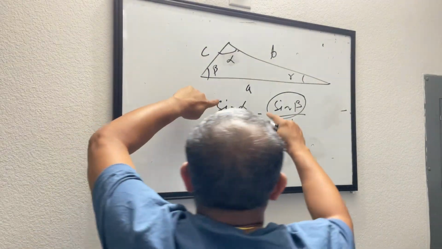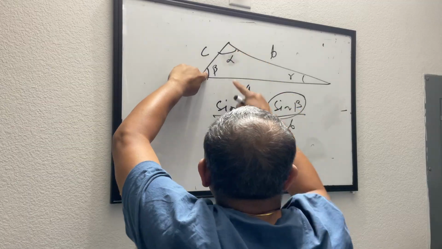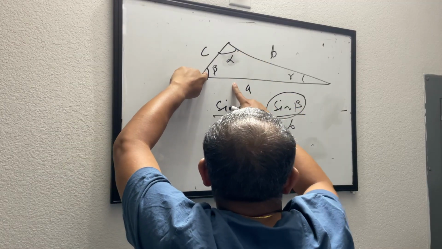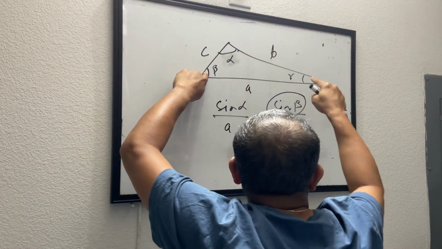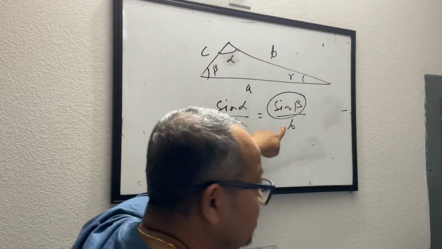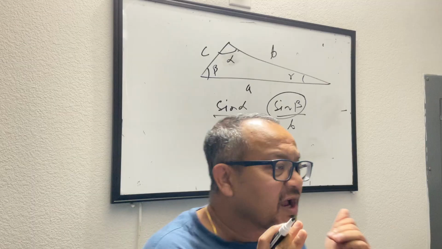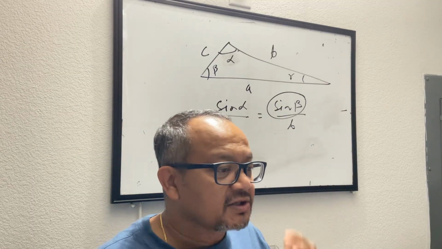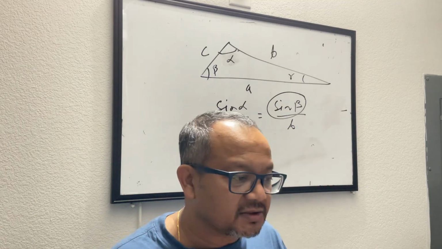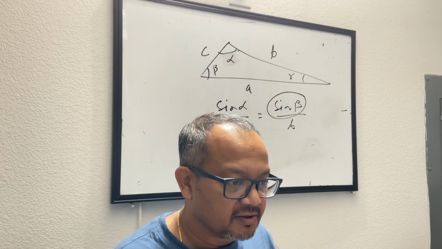If I know two of the angles, let's say alpha and beta, and we know one of the sides, we can find out the third angle, and the third side also using this rule. So this gives us a little extra ability to find the relationship between the sides and angles and decode it.